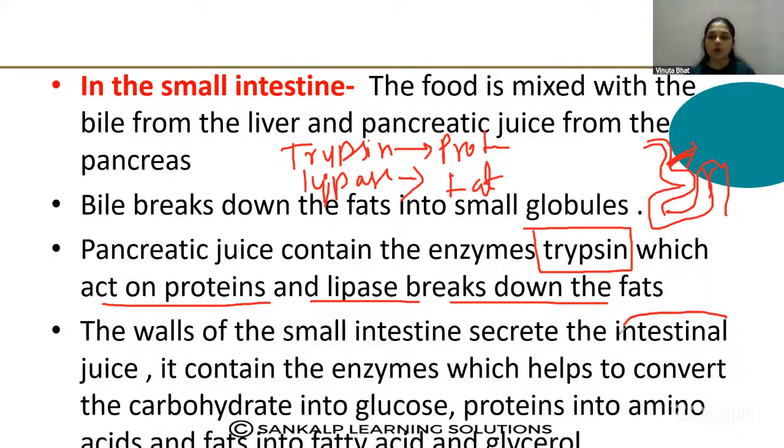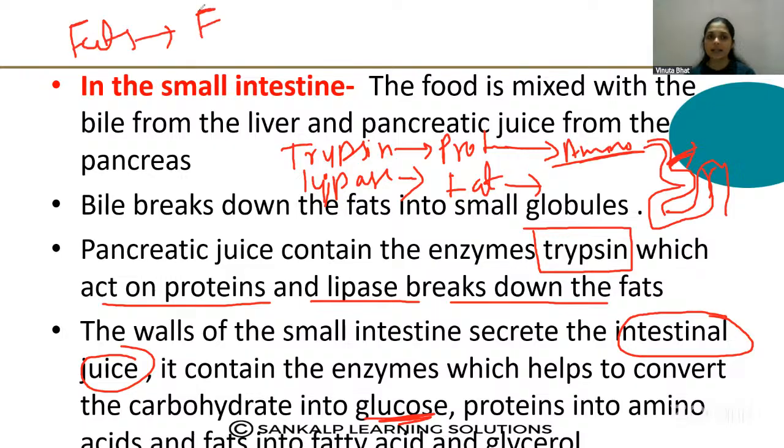It contains some enzymes which convert the protein into amino acids, that is the final simpler form of protein, carbohydrate into glucose, that is the simplest form, and the fat into fatty acids and glycerol. Fats into fatty acids and glycerol.